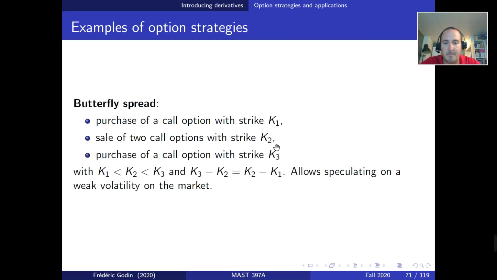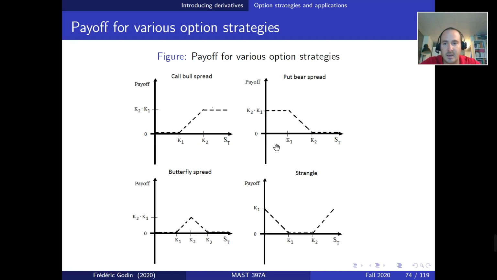We're going to skip a few slides, and on slide 74 you have the payoff function of the call bull spread as a function of the underlying asset at maturity. If the underlying asset value is smaller than K1, you have zero payoff. If it's greater than K2, you have a fixed payoff, which is K2 minus K1.